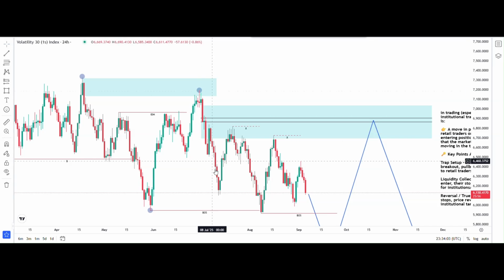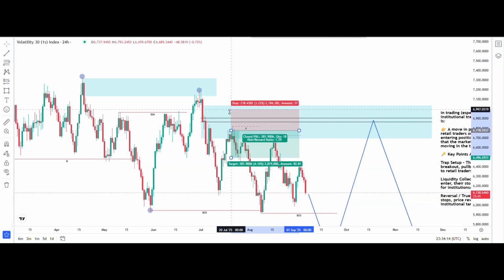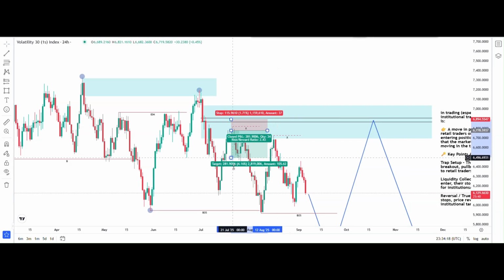The market had to come here so early sellers could tap in, and early sellers actually put their stop losses here, expecting that the market is going to go along. So after we got that break here, they were possibly expecting that the market is going to definitely continue all the way to the downside.